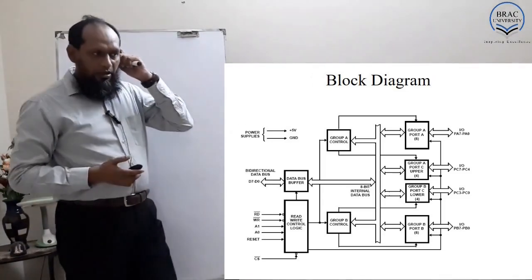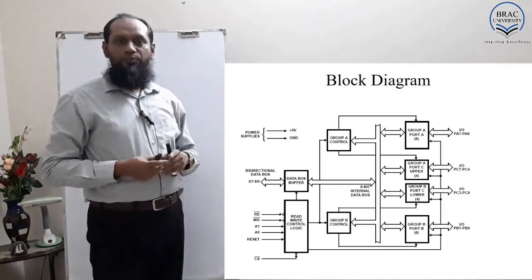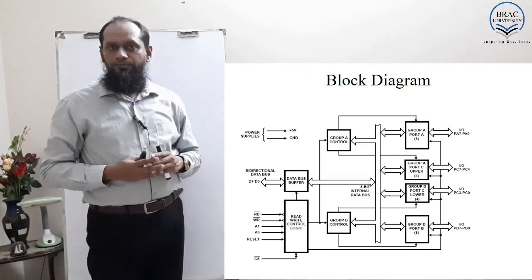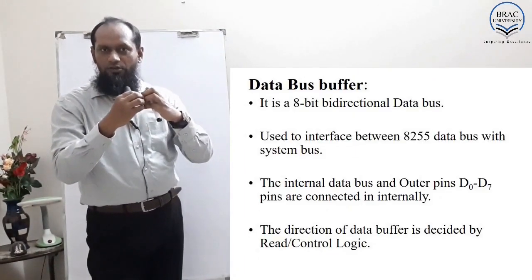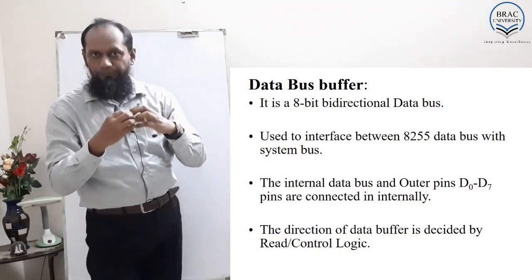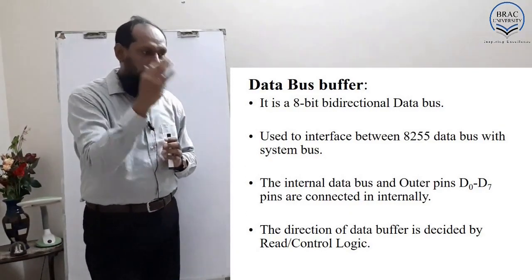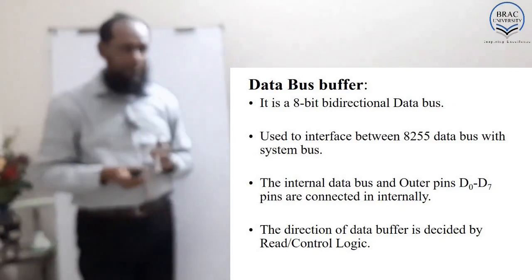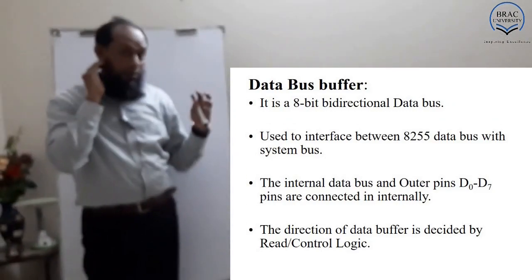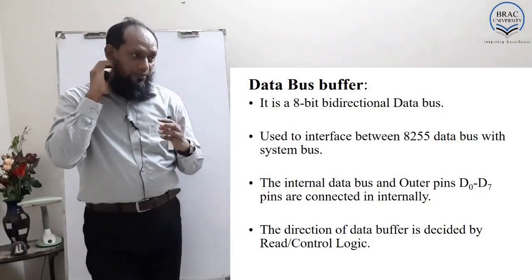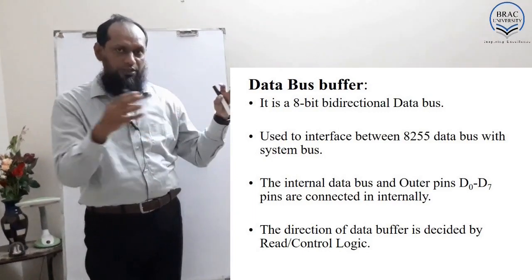Now, the data bus buffer. What is a buffer? It stores something for a while. It is an 8-bit bidirectional data bus, that means we are talking about D0 to D7, the data bus with the microprocessing unit.